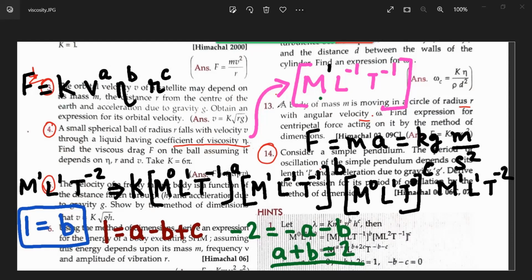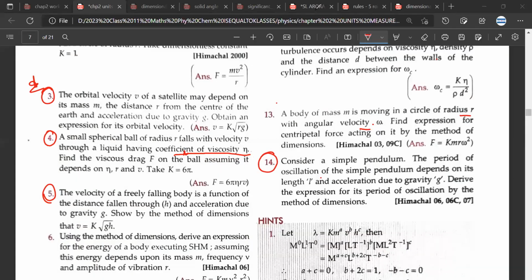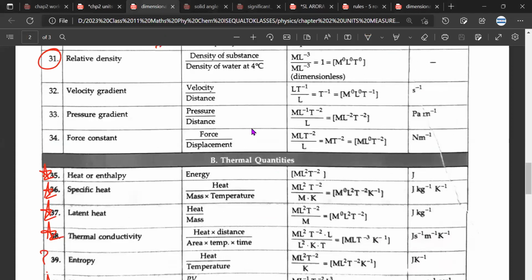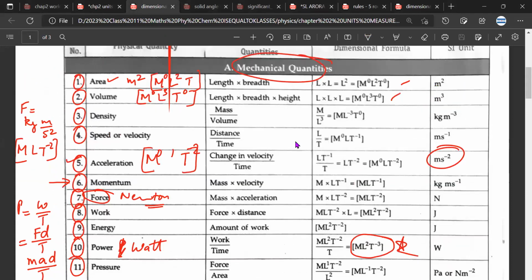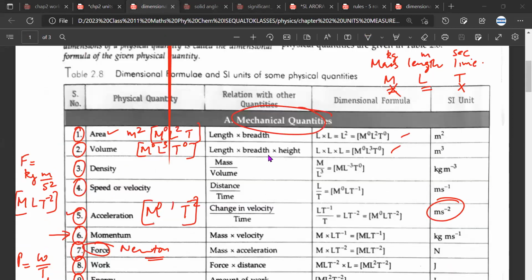And one thing that you need to keep in mind is that when we are in class 11th, we might not be aware of the dimensions of a quantity. For example, in this case, I'm not aware of the coefficient of viscosity. So what I need to do is, in my textbook, I'll have a chart like this.